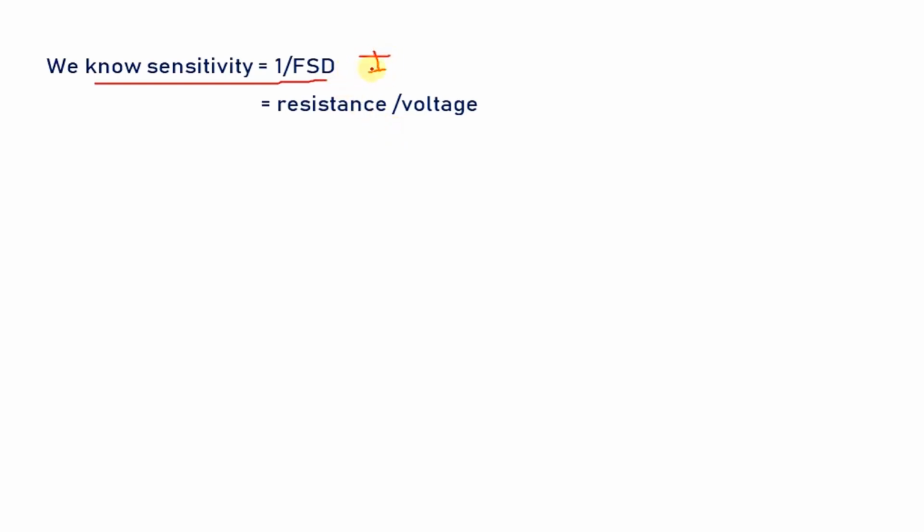Okay, so I can be written as V by R. So if we put V by R here, then we will get R by V. So I equals V by R, and when we put the I value here, we get resistance by voltage.